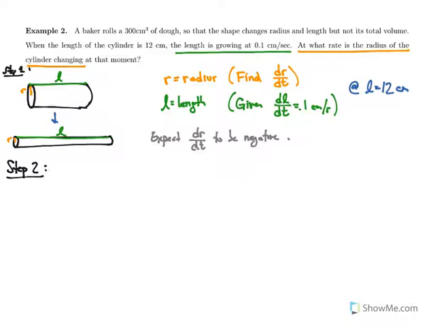All right, step two, we need some kind of equation that relates R and L together. In this case, we can use the volume of a cylinder.